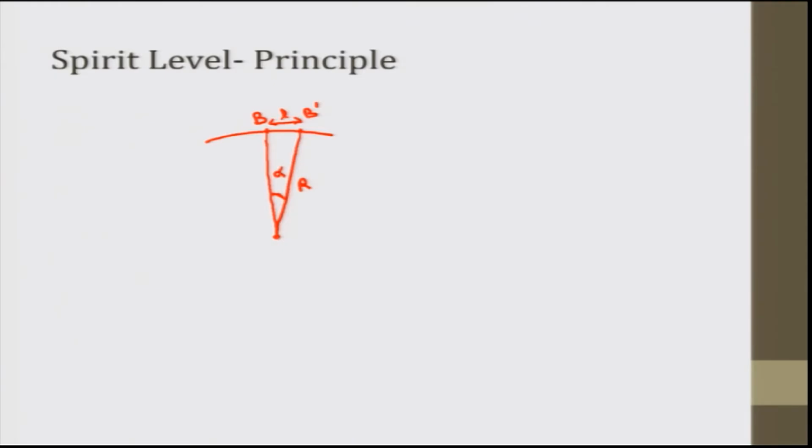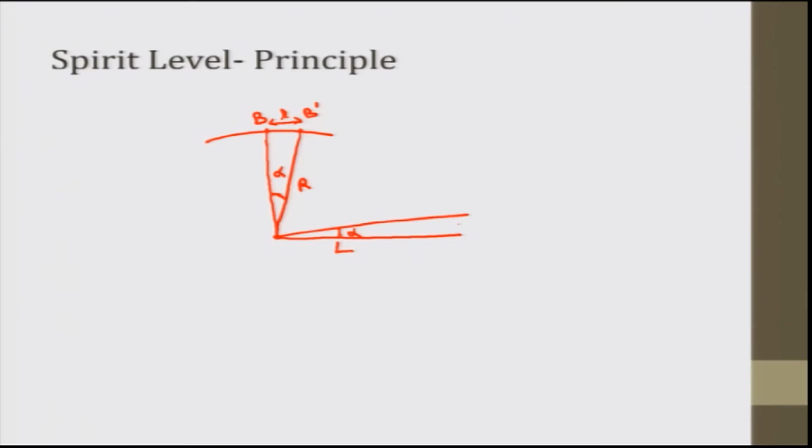Now, when the spirit level is parallel to the ground, there is no movement. If I make some movement, let me say this movement is alpha. This alpha is the same because this line is perpendicular to the base.